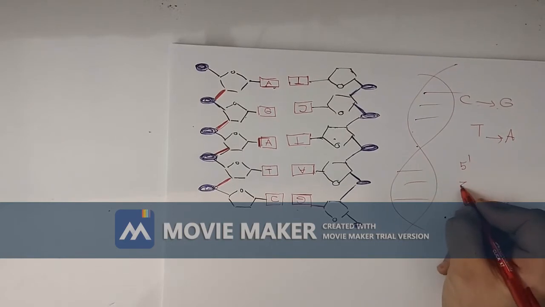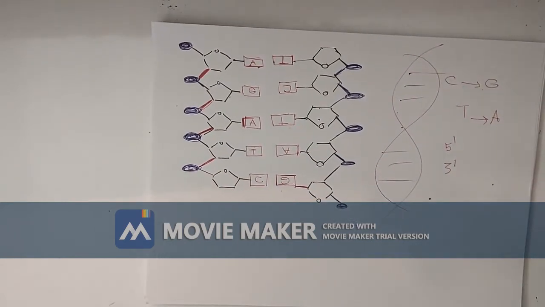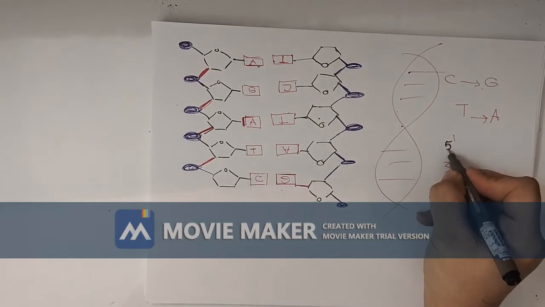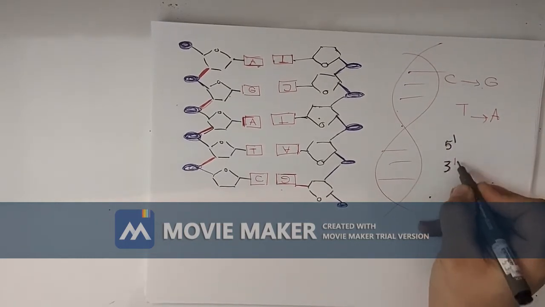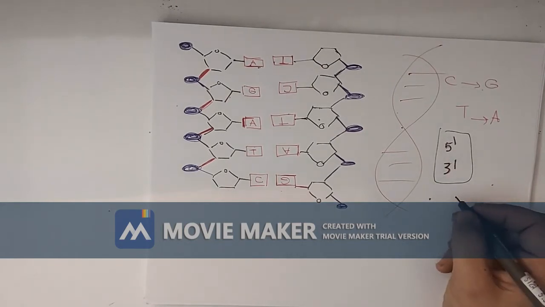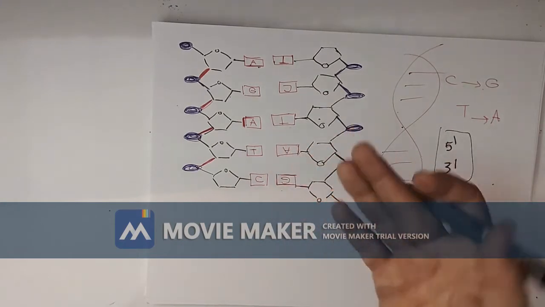5' and 3'. These are the terms that we use. I think it's better to use a darker pen. So we use 5' and 3' to show the direction of each strand. So where should I put 5' and where should I put 3'?